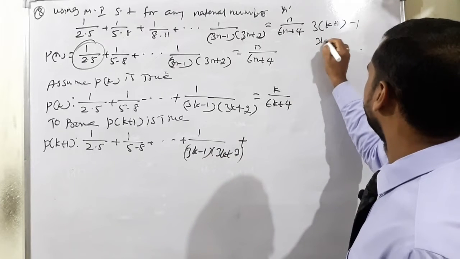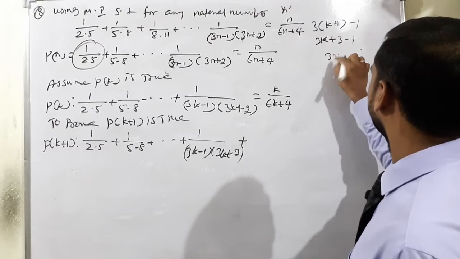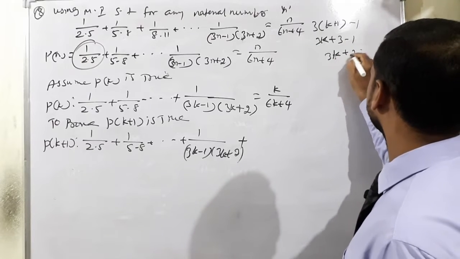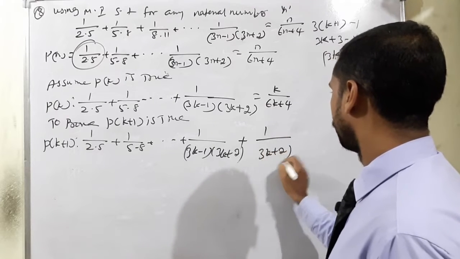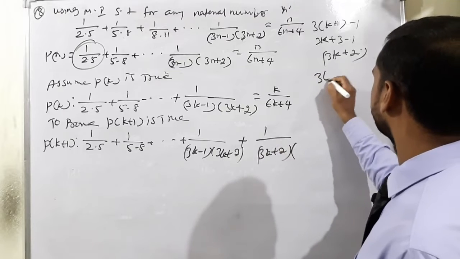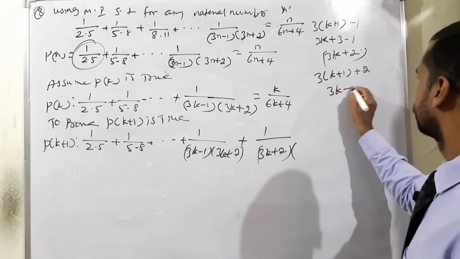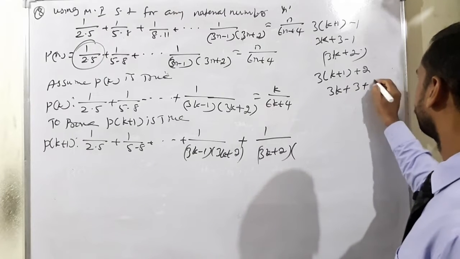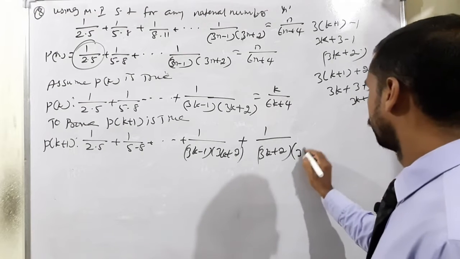If you remove the bracket, it means 3k plus 3 minus 1, therefore 3k plus 2. 1 by 3k plus 2. Next condition, plus 2 is there, isn't it? So plus 2 means 3 into k plus 1 plus 2. So 3 into k means 3k, plus 1 into 3 means 3, plus 2. Therefore we can say 3k plus 5.